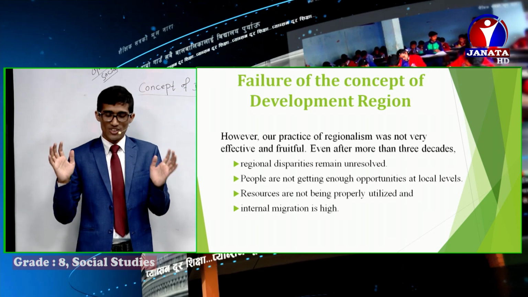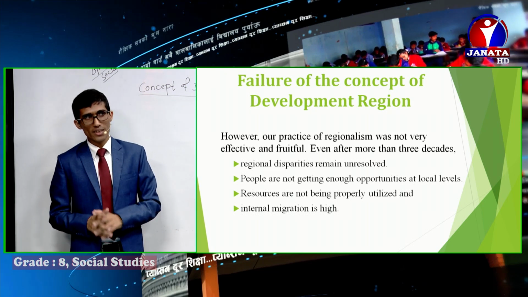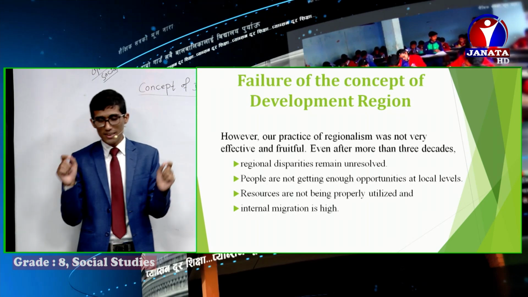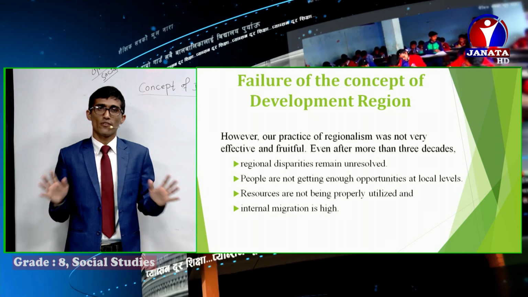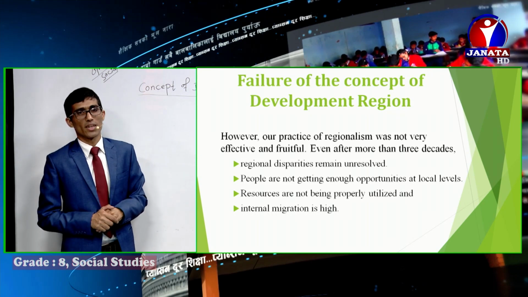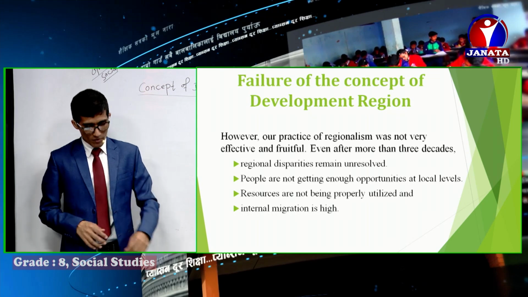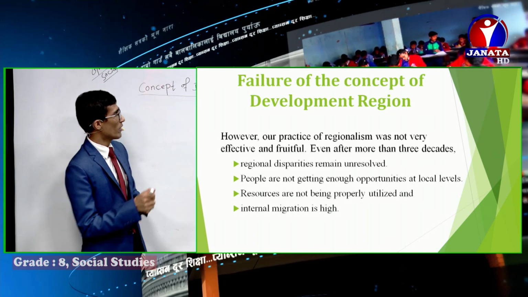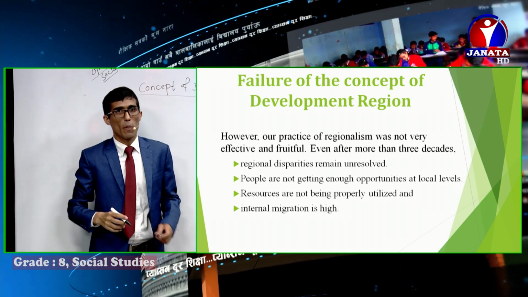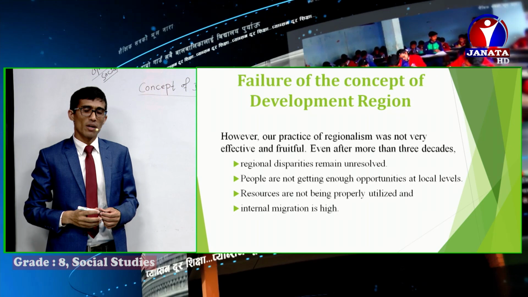Because of that situation, the concept of development region, or regionalism, failed. So there developed the concept of federalism. Here, what we need to remember is how the concept of federalism was developed.